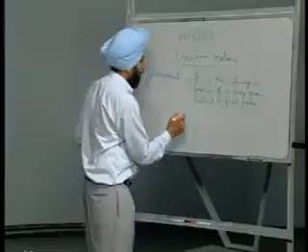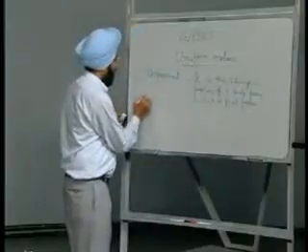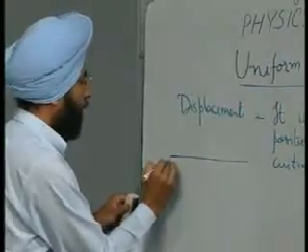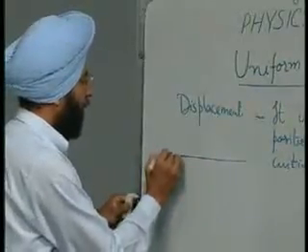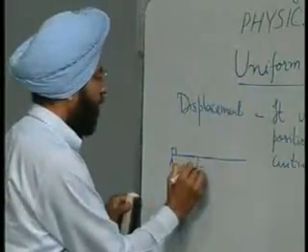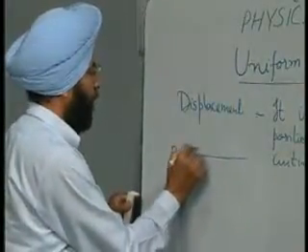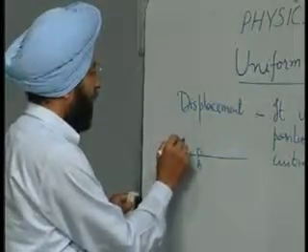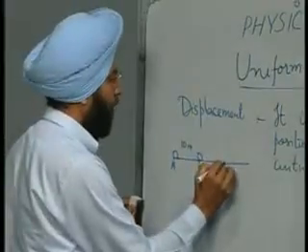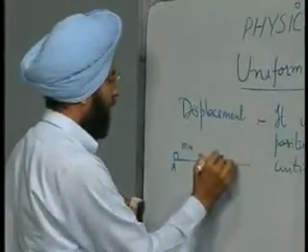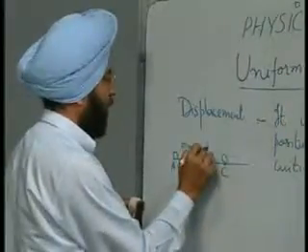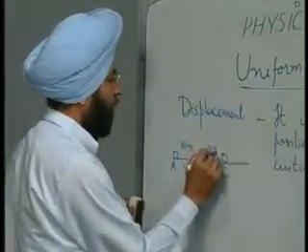Now, here if we have an object, initially it was at position A, it moves to position B, that is say 10 meters from A, it moves in the same straight line to position C, that is 15 meters.